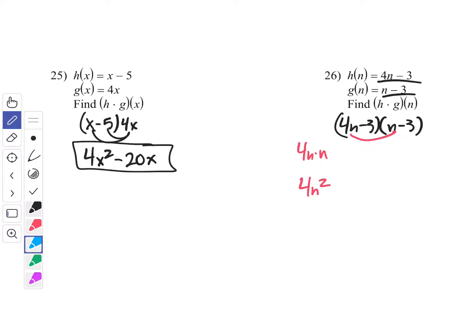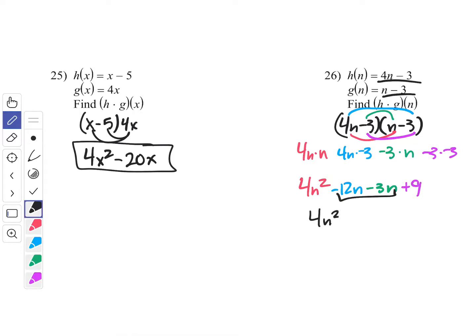Our outer, 4n times negative 3, negative 12n. Our inner, negative 3 times n, negative 3n. And our last, negative 3 times negative 3, which would be a positive 9. Combine like terms, we get 4n squared minus 15n plus 9. And there is our next one.